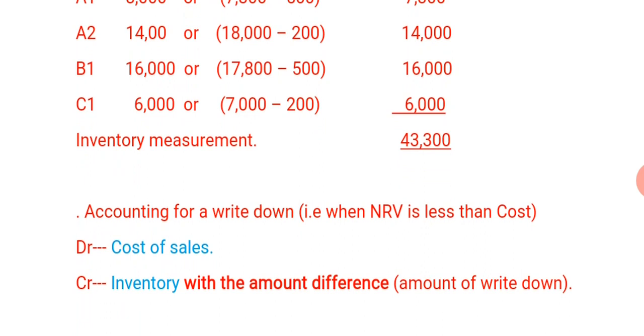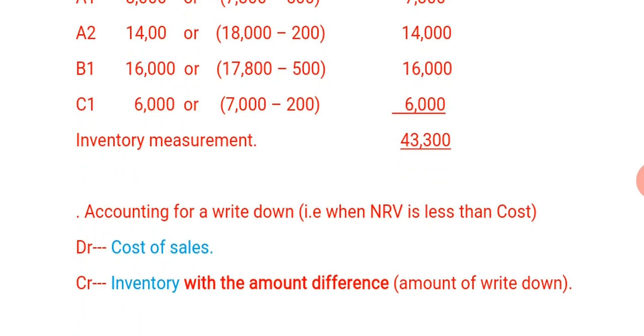When you are crediting inventory, you are reducing it, because inventory is an asset, and assets are debited to be increased and credited to be reduced. Now, cost of sales is an expense, and expenses are debited to be increased and credited to be reduced.